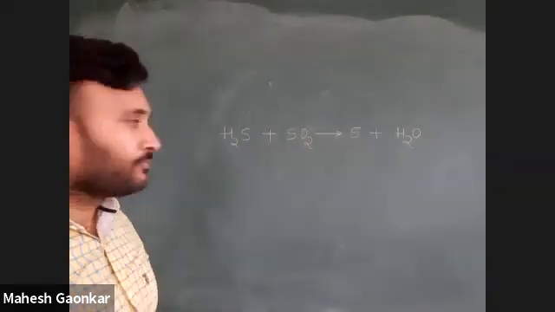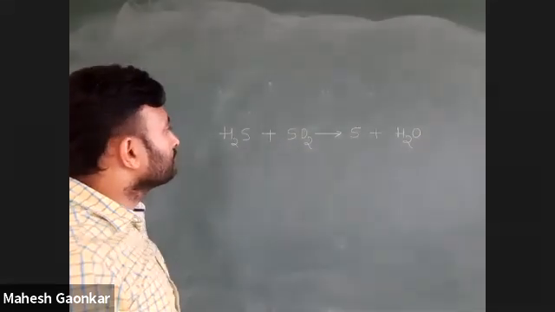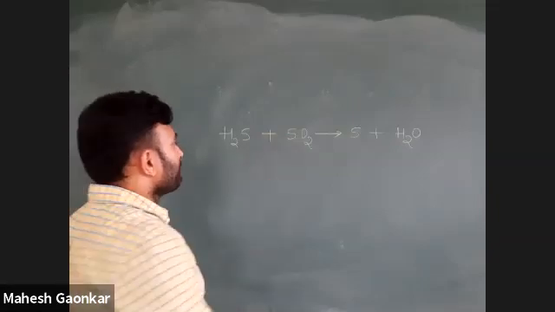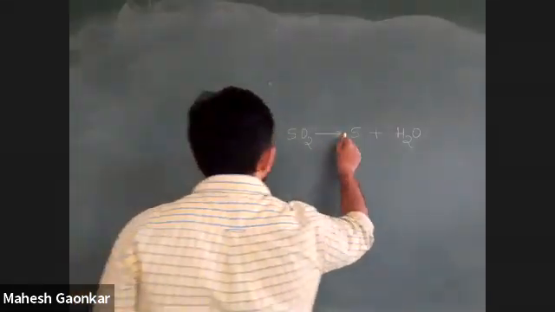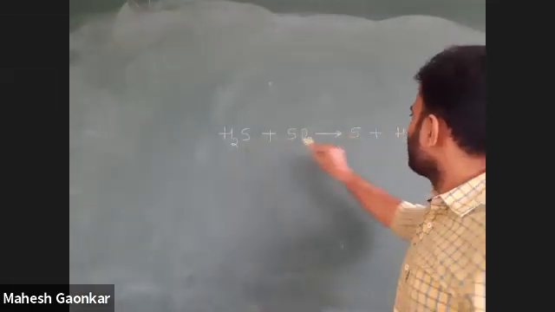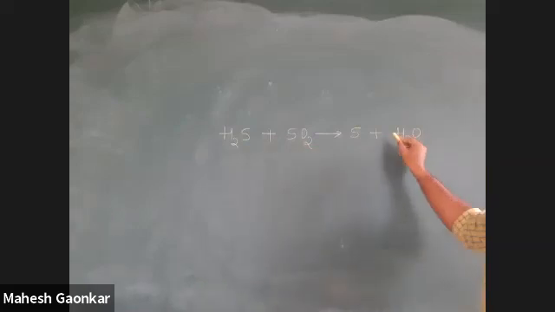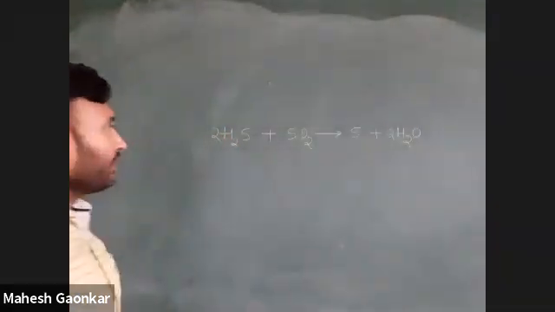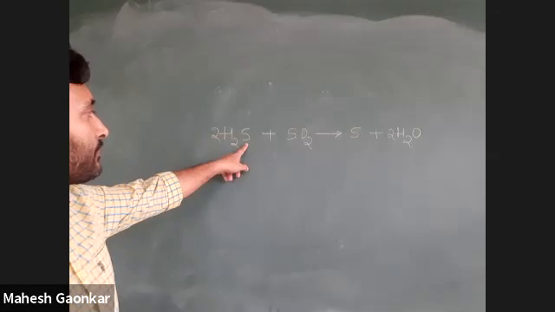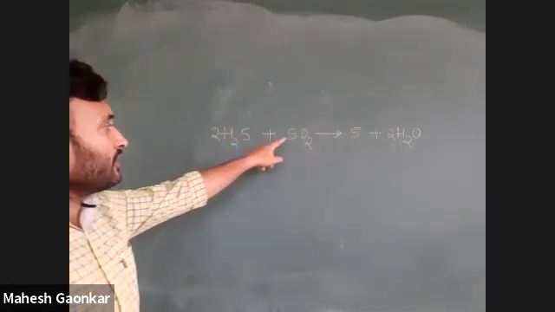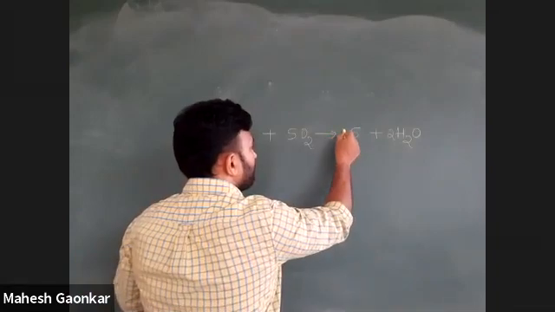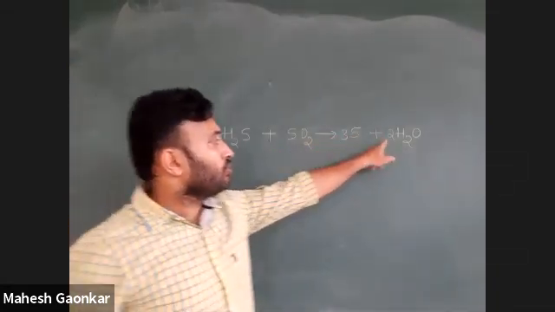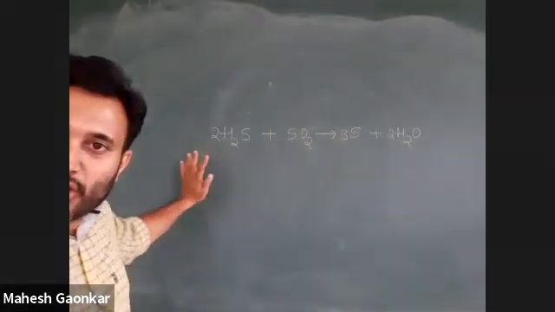First balance this. Hydrogen 2. Suppose if you write 2H2O here, that is 4 hydrogen atoms, so here it should be 2H2S. 2H2S, 2S, and this 3S. O2, 2. Balanced. Is it balanced now?